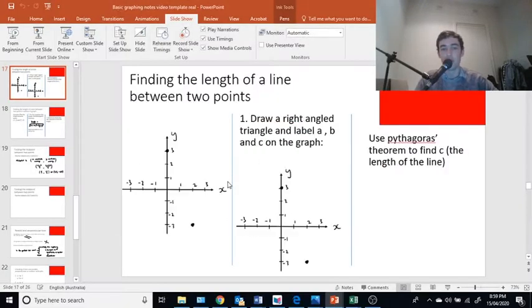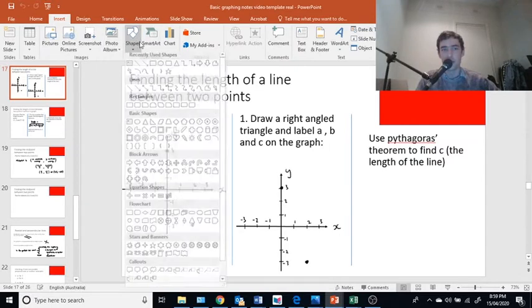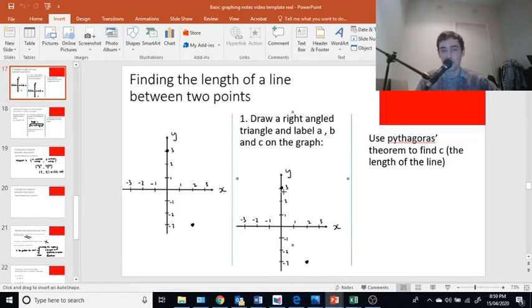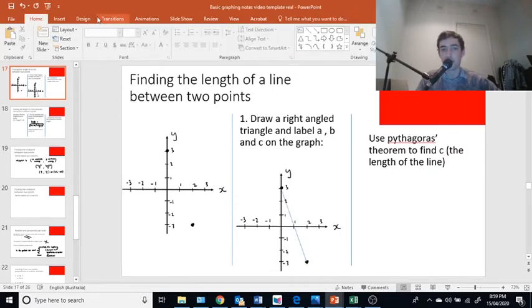So first of all, we have to draw a little triangle on the graph. And I'm going to do that. So it's a right-angled triangle. The longest side is the diagonal one, and that's the length of the line we're trying to find.